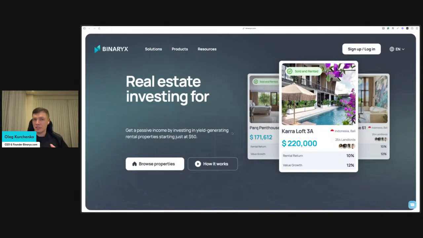So that's quite a unique possibility for you because you can now invest in properties, and thanks to our legal mechanism and that technology, you will be direct owners of that property. And we as binaries, we don't own the property because you're owning it by yourself.